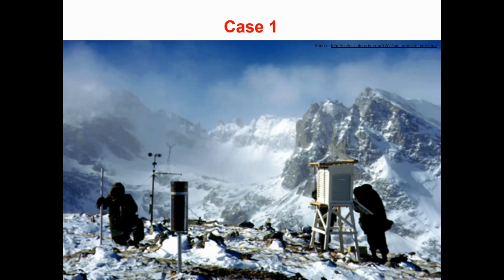Okay, yeah. If you had an automatic weather station located here, because of the high altitude, the likelihood of lots of clouds, snowstorms, that could be a problem for the solar panels and the energy supply. So you're absolutely right.